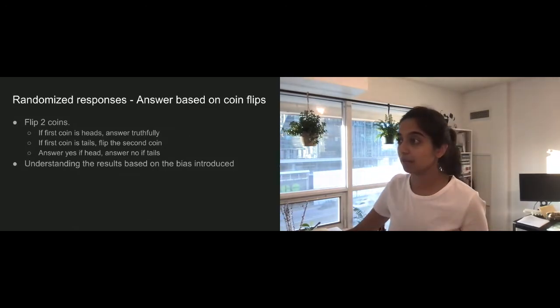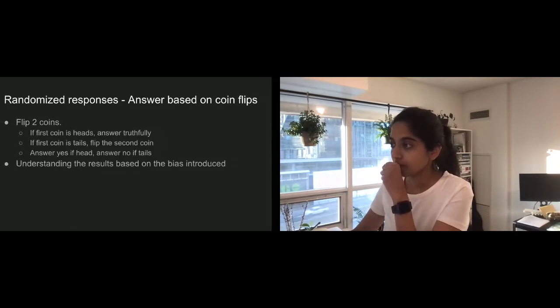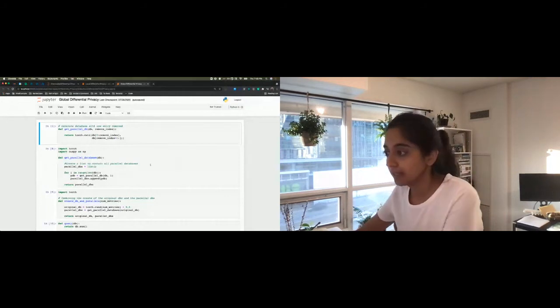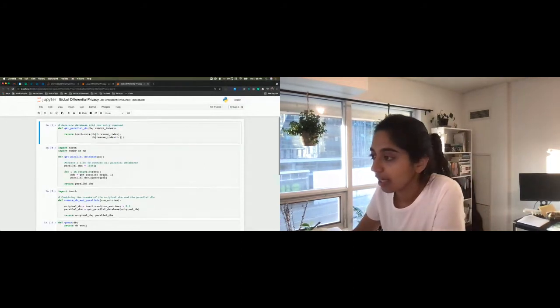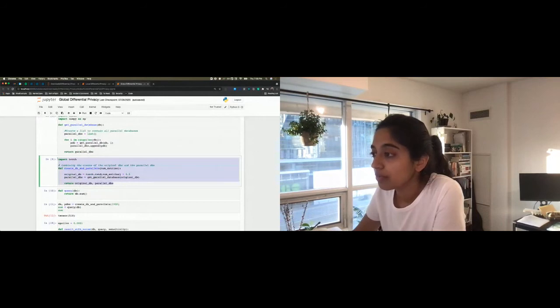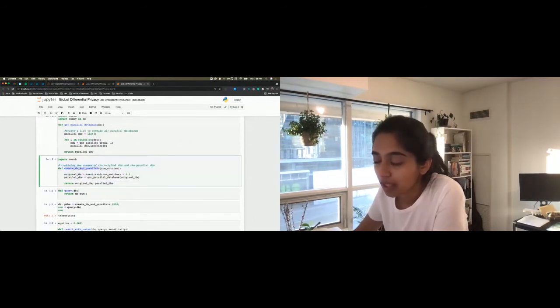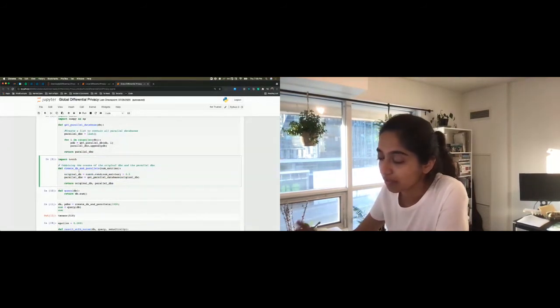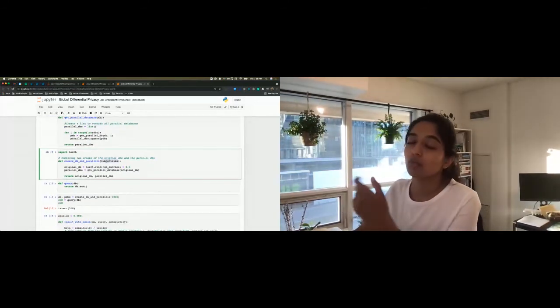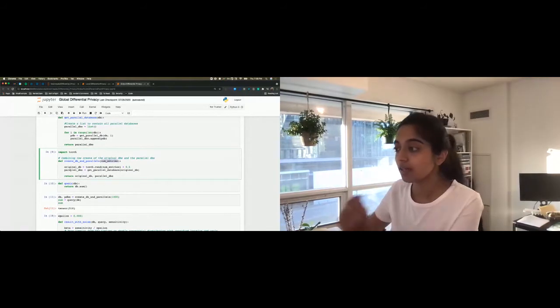Let's look at a little bit of code. So what I'm doing here is creating a database and the parallel of the database. I'm taking in the number of entries, which is the size of the database that I want to create.